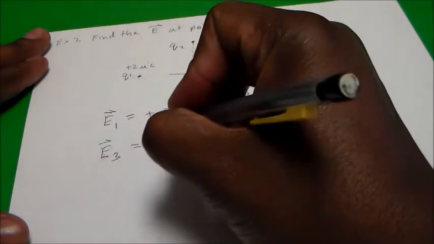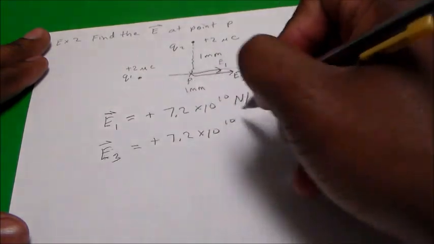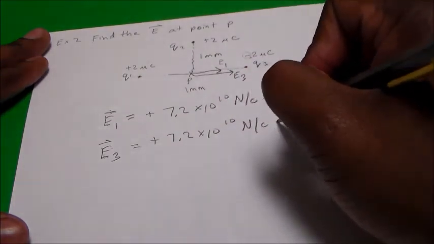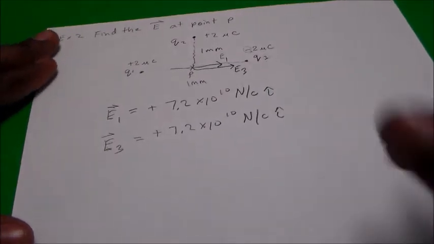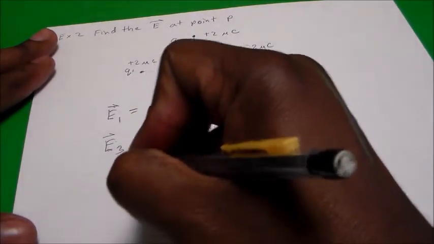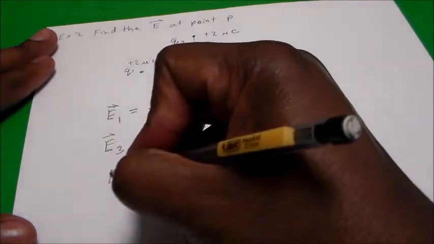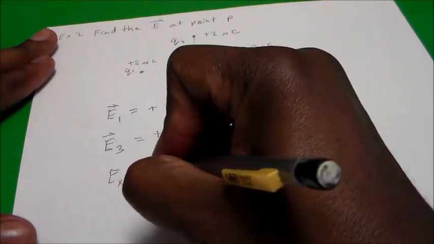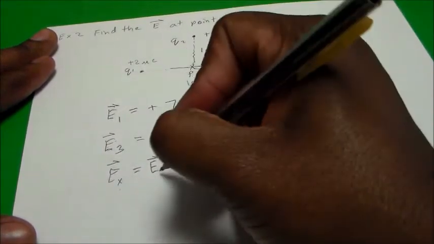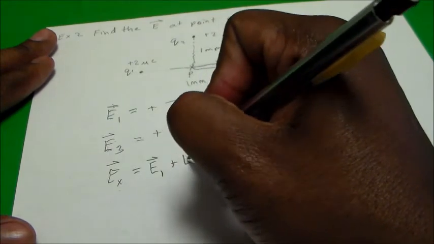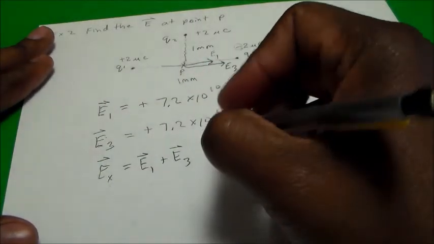Okay, so in that case we have plus 7.2 times 10 to the 10th newtons per coulomb, and that's also going in the positive direction. If we add both of those up together, we get the total electric field going in the positive direction, and so that is the electric field in the x direction, E1 plus E3.